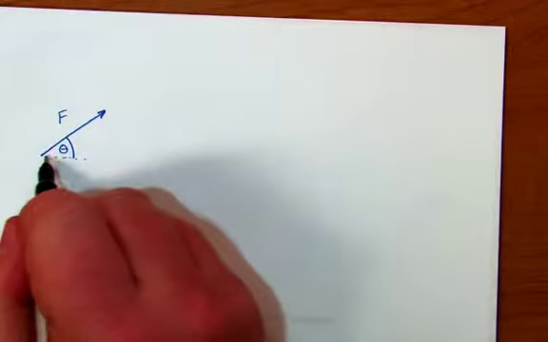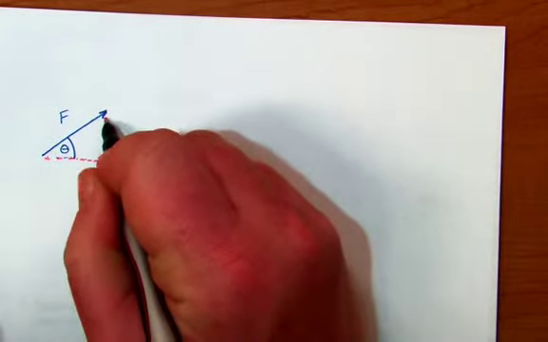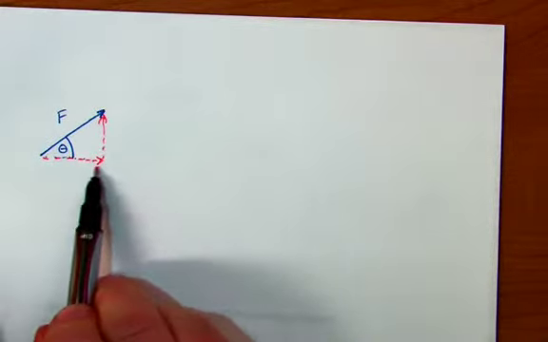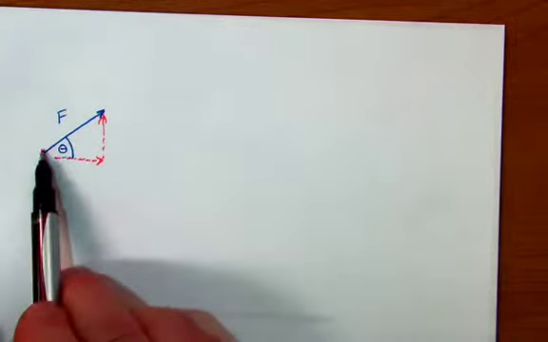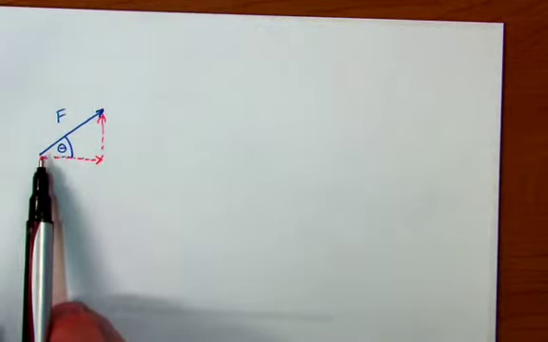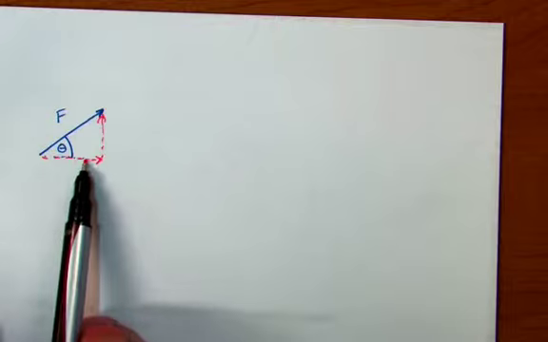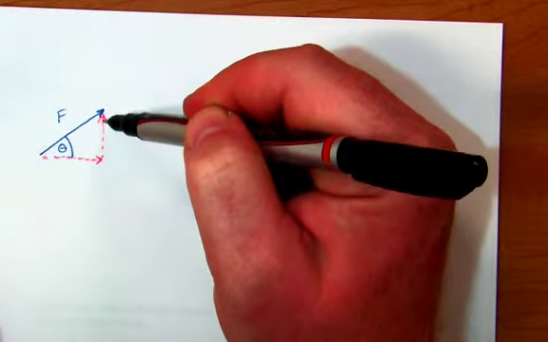To do that, you think of a little trigonometry, you make a right triangle, okay? These 2 dotted lines that I drew are equivalent to that line that's straight, okay? If you have a force that applies in that direction with that magnitude, and you compare that to a different force that goes to the right with this magnitude and a force that goes up with that magnitude, you would have the exact same result.